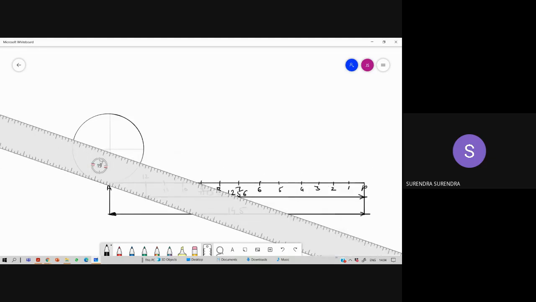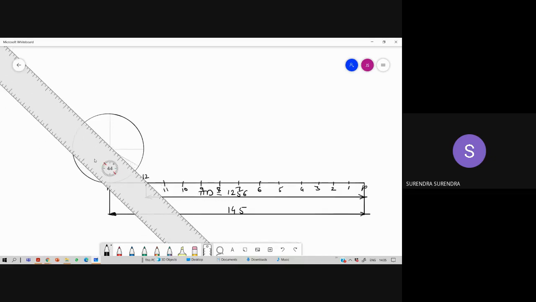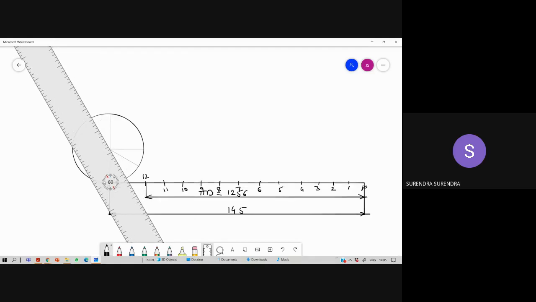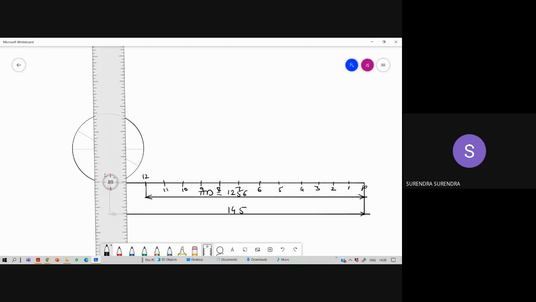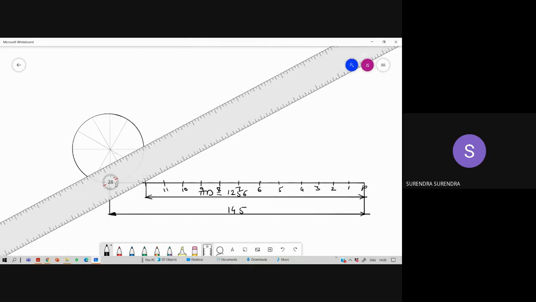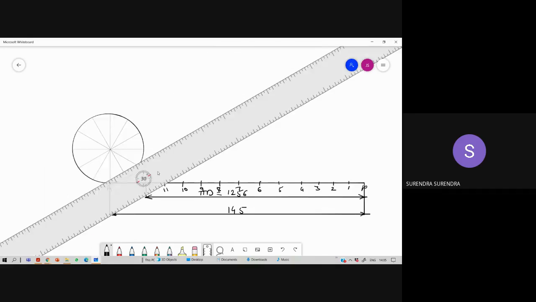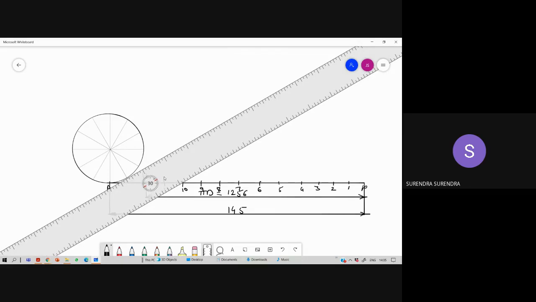So divide the circle into 12 divisions. And next, drawing the tangents at each and every point. I'm also drawing the tangents.